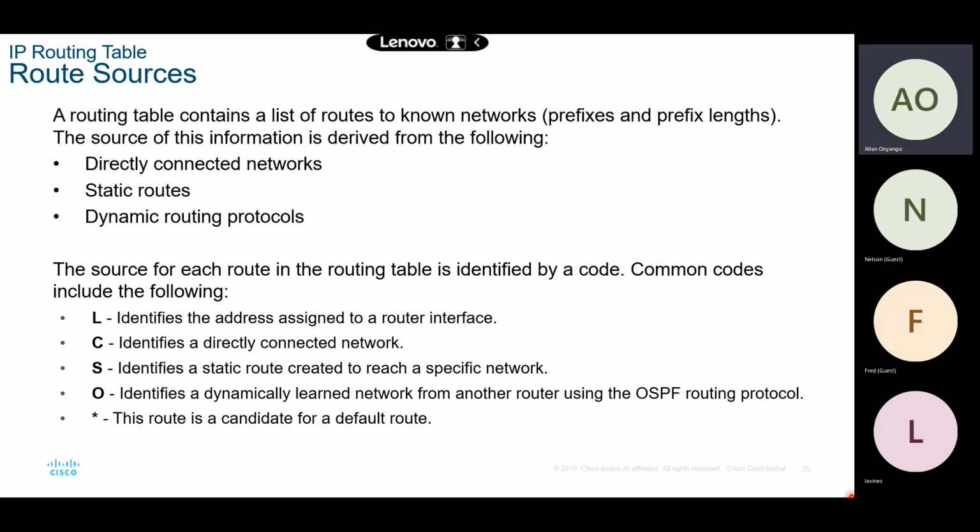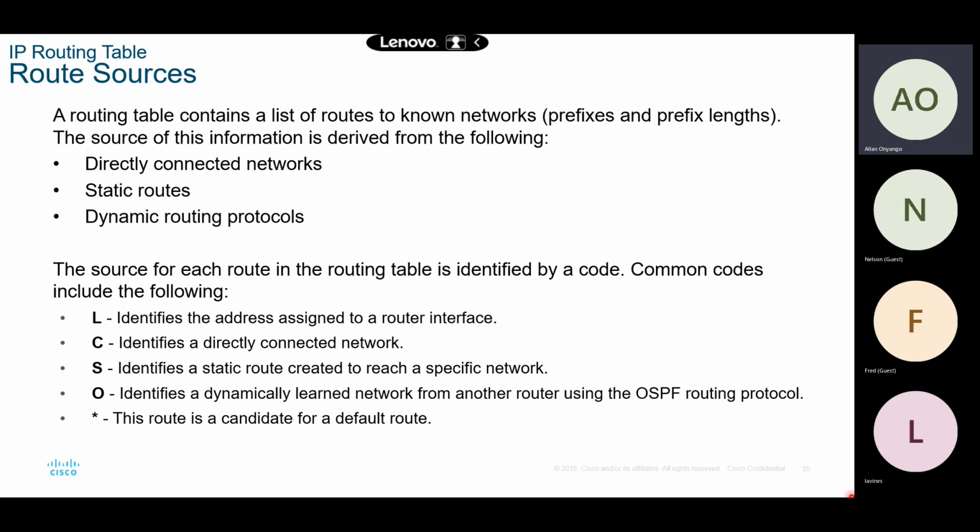C is always the network address of that directly connected network. So two things: when you configure an interface with an IP address and activate it, the router records two things. First, it records the IP address you configured, and that is with L, and then it records the network address where your IP belongs, and that is given the letter C. Then you'll see letters like S, which is basically for static routes.